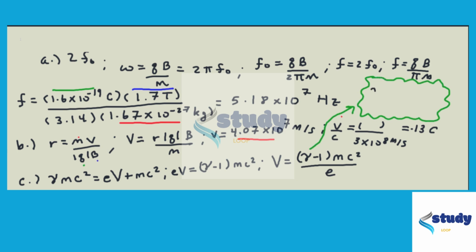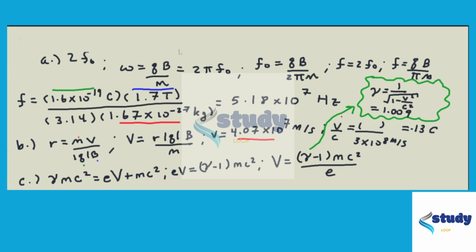Okay, so gamma is equal to 1 divided by the square root of 1 minus v squared over c squared. And for our particular problem, that is equal to 1.009.